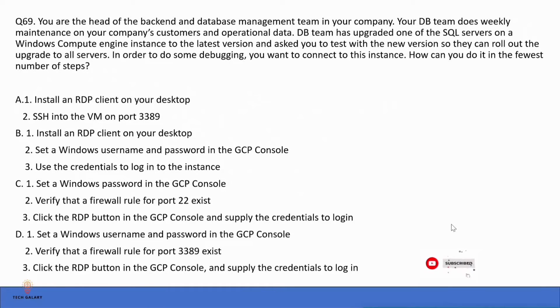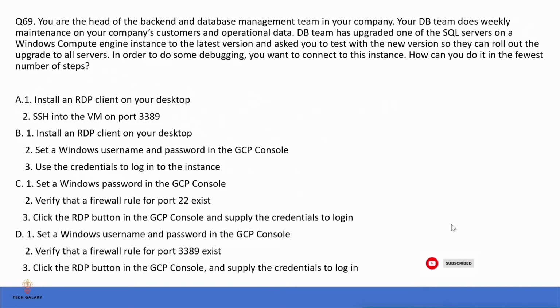Option A, install an RDP client on your desktop, SSH into the VM on port 3389. Just installing an RDP client will not provide access to a Windows server, so this option is not correct. Option B, install an RDP client on your desktop, set a Windows username and password in the GCP console, use the credentials to log in to the instance.